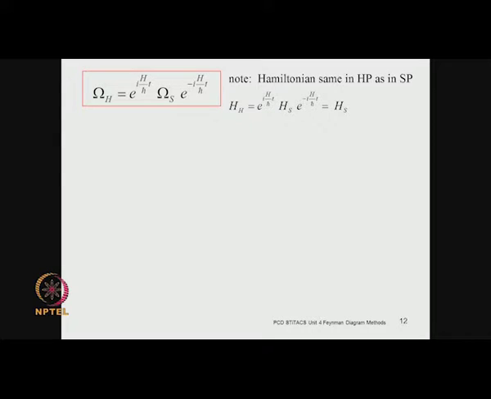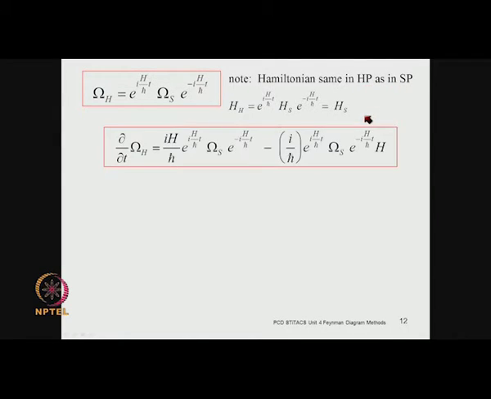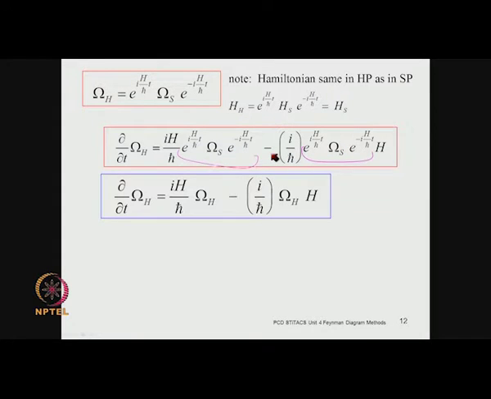So, the Hamiltonian, as I pointed out, is the same in the Heisenberg picture as in the Schrodinger picture. The time dependence of an arbitrary operator in the Heisenberg picture is given by these two terms. And what is this? This is nothing but the transformed operator omega in the Heisenberg picture, right. So, you have got a commutator over here.